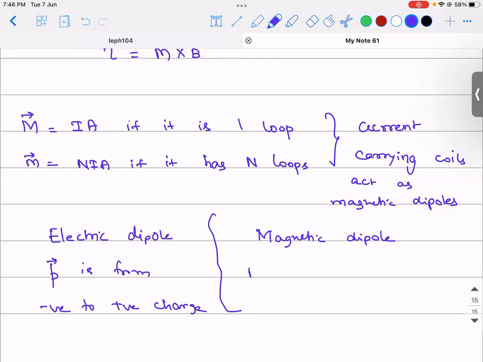Similarly, magnetic dipole moment M vector will be from south pole to north pole, because south pole in the case of magnetism is similar to negative charge in electrostatics.